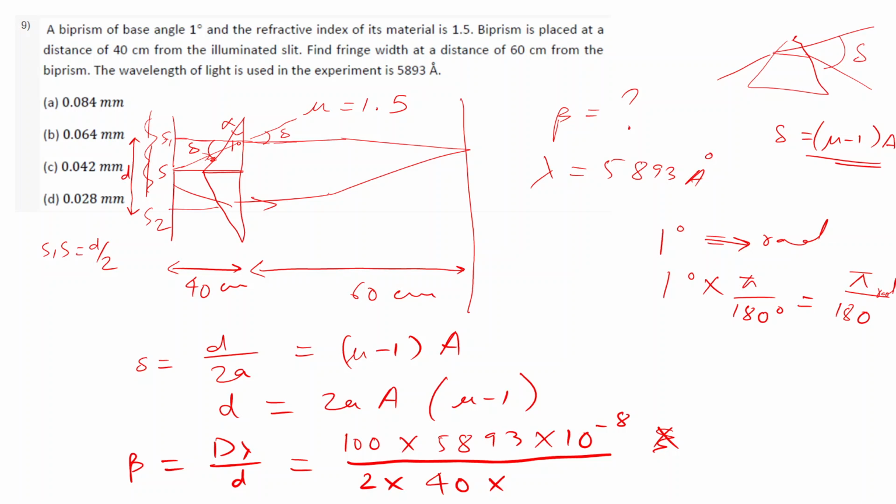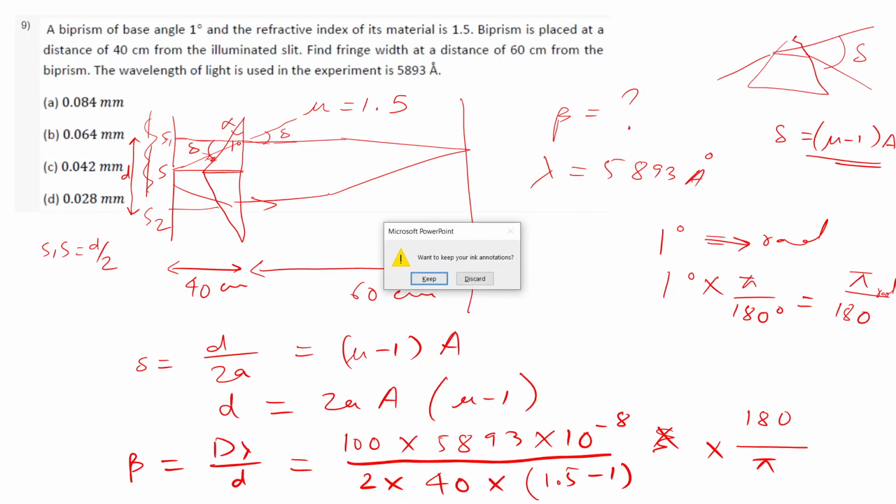Okay, so this will be mu minus 1. Refractive index is 1.5. Mu minus 1 means 1.5 minus 1, divided by pi by 180, which means 180 by pi. Then we'll solve.